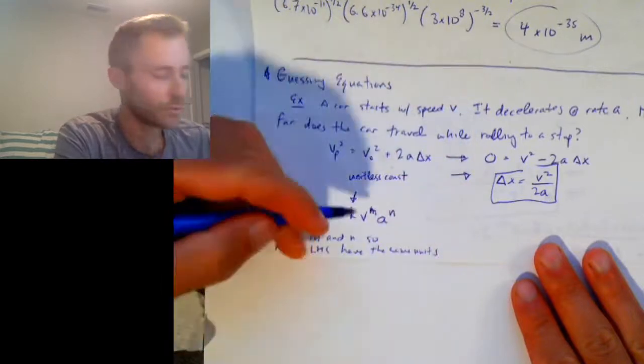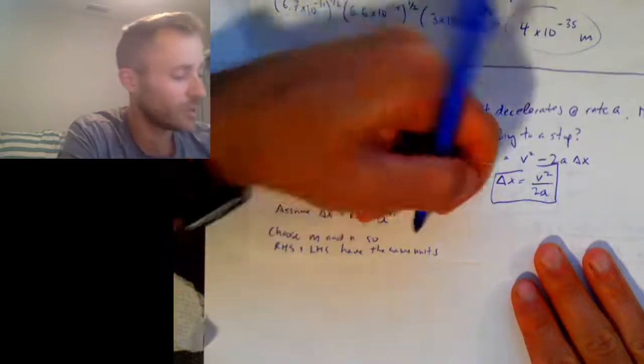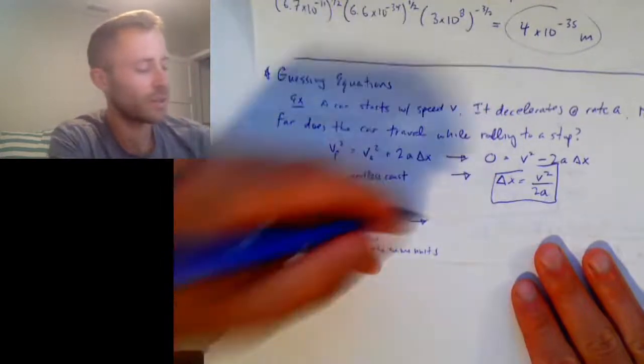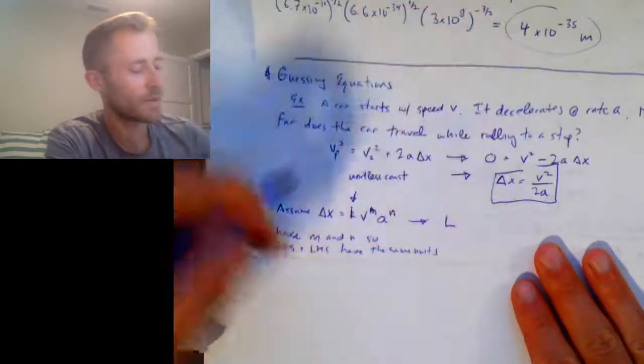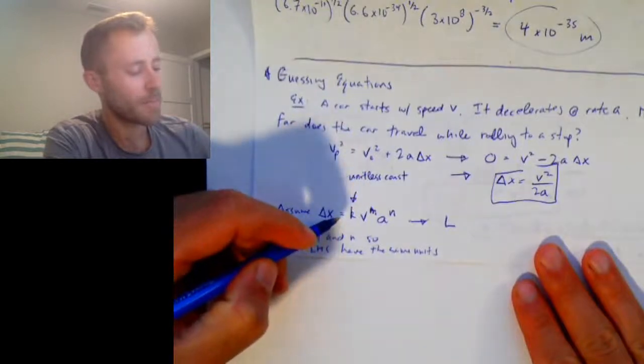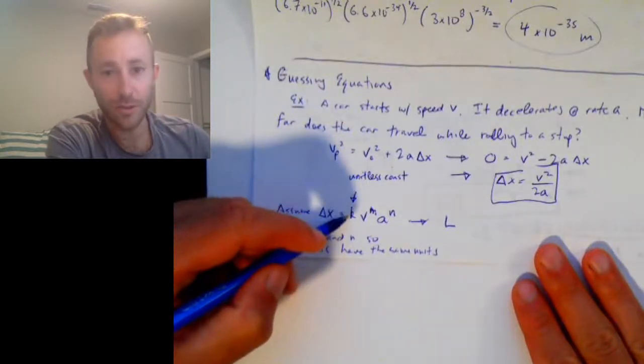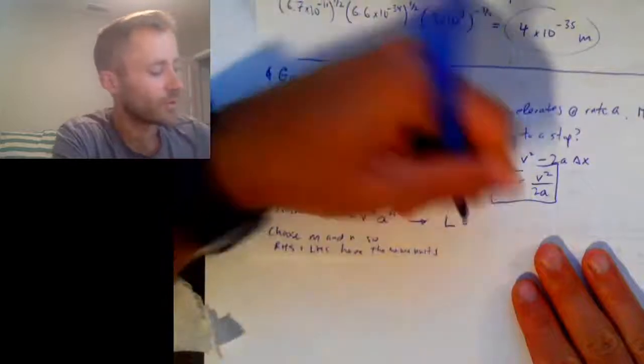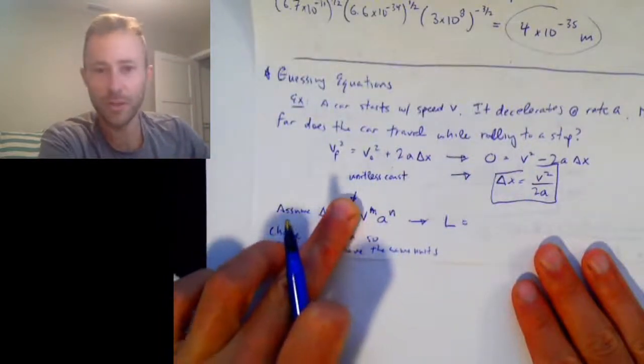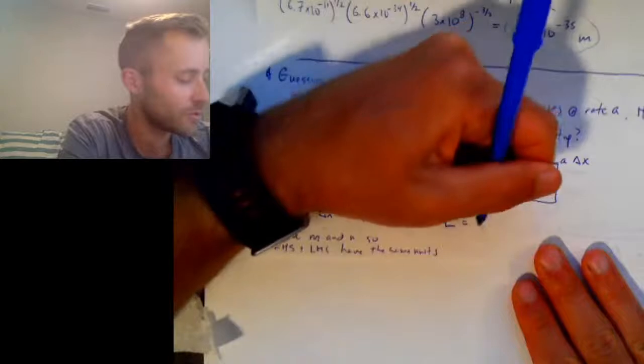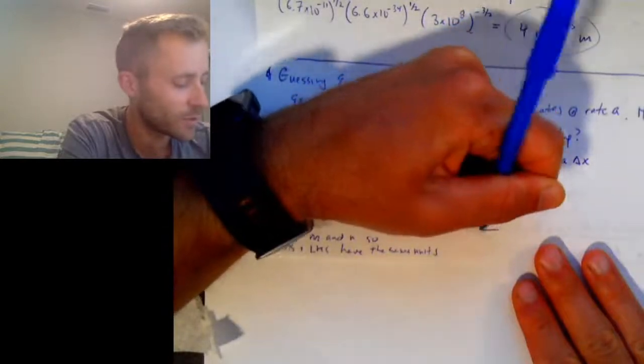If I do the units of this equation, the left-hand side has units of length. The right-hand side, k is a unitless constant, so the units of the right-hand side are determined by the rest. V to the m has units of L to the m over T to the m.